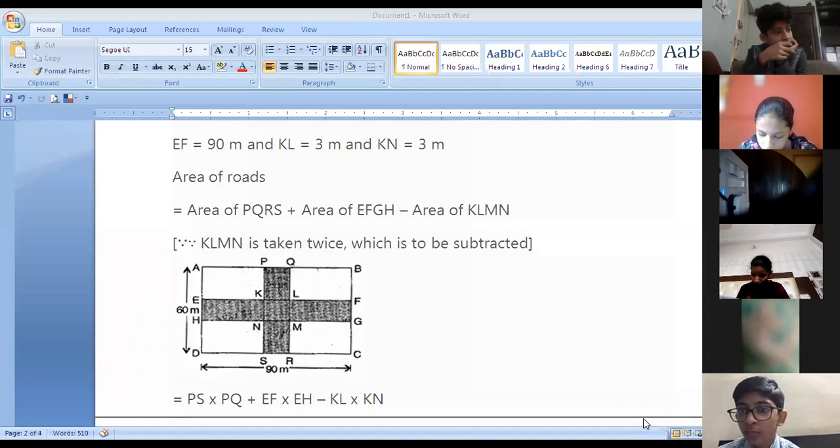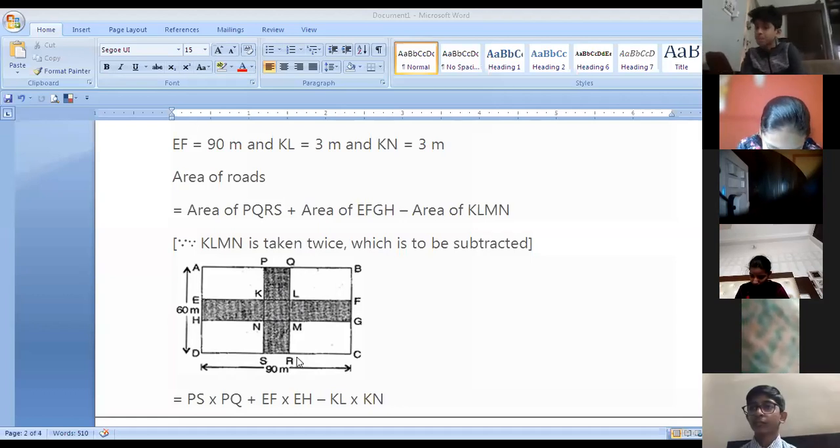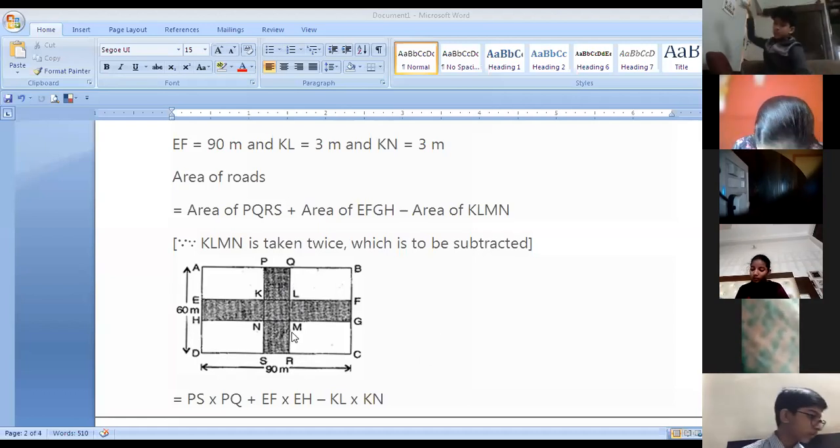They cut each other at right angles at the center of the field. If the width of each road is 3 meters, find the area covered by the roads.